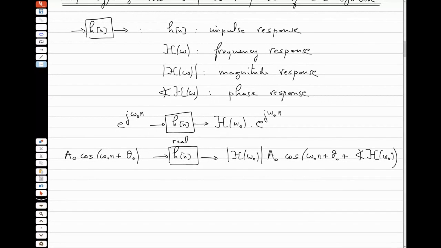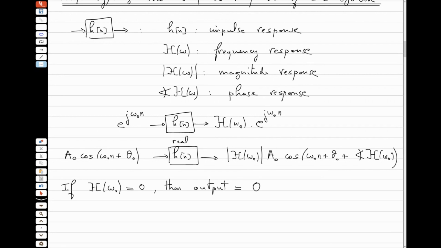Now, suppose that the frequency response is 0 at omega naught. Then the output equals 0.